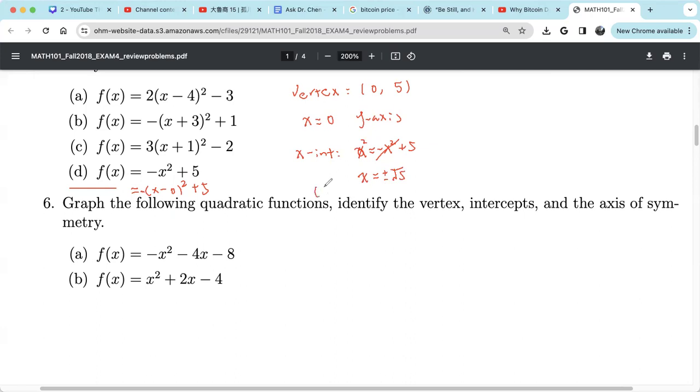So we have two x-intercepts, positive radical 5, 0, and negative radical 5, 0. Now the y-intercept, we evaluate the x value to be 0, f of 0. Well, 0 squared is 0, so it's just 5, right?